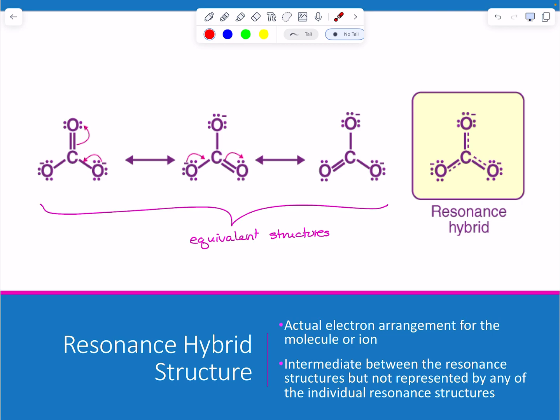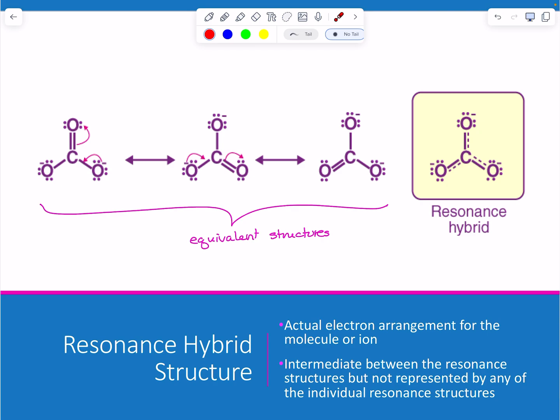Now, we have our negative charges, so we do have to indicate who's got the negative charge around them, but we show it in the hybrid as everybody has the negative charge sometimes.